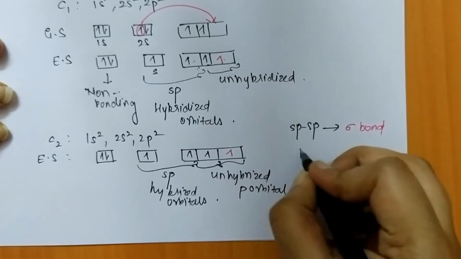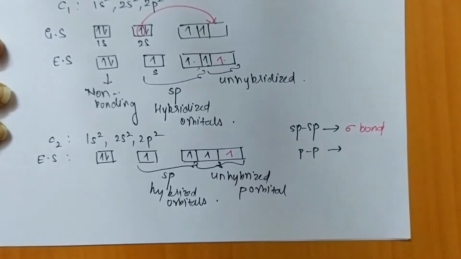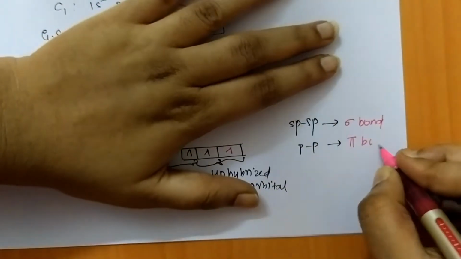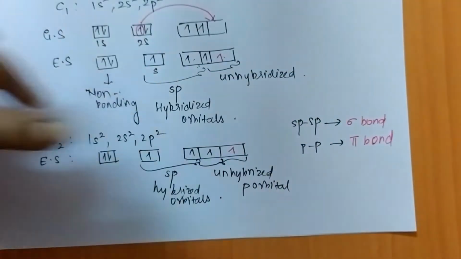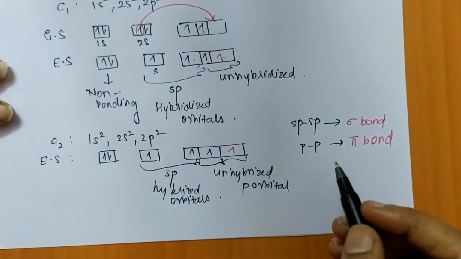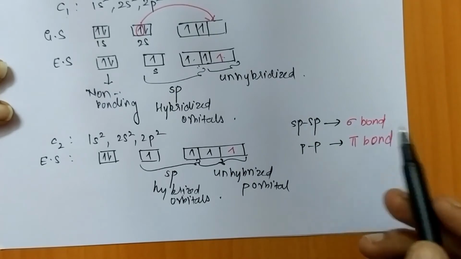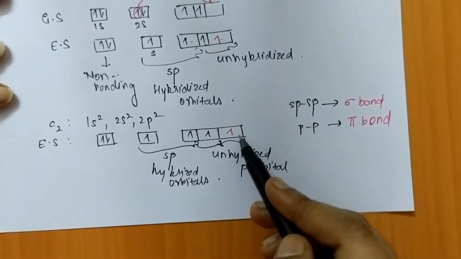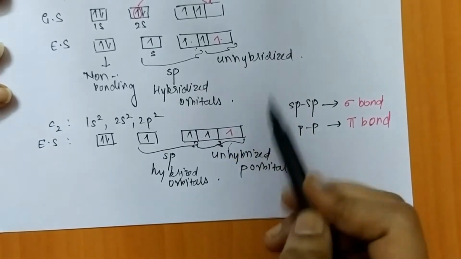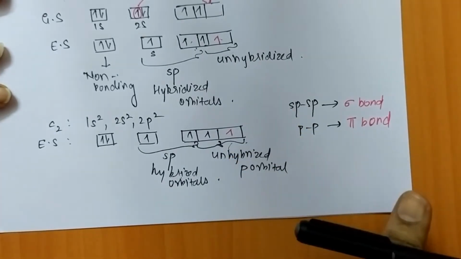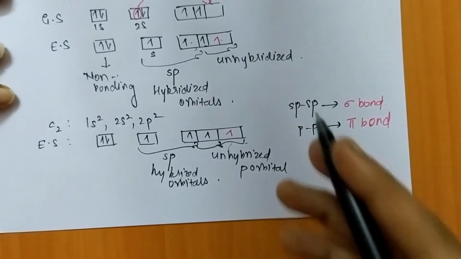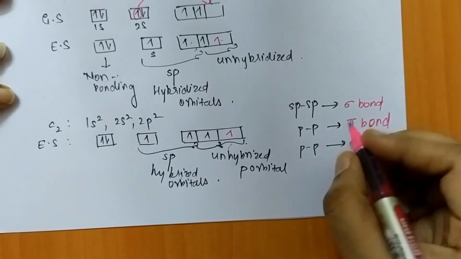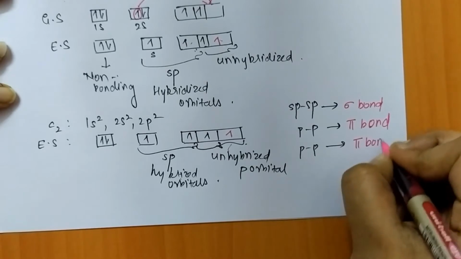That's where there's going to be a pp overlap, which ultimately leads to the formation of a pi bond. And now we require one more pi bond to be formed, and there is one more p orbital in each carbon atom present. So again there will be a pp overlap to form the other pi bond.